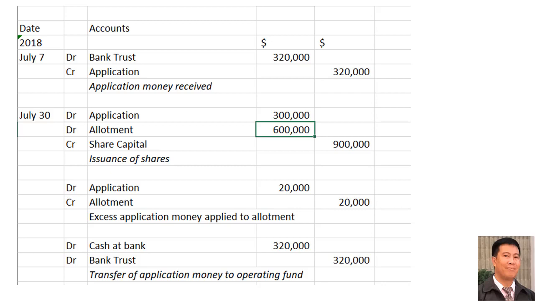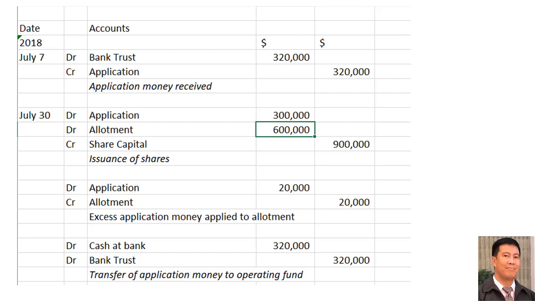Right? Now, as the problem said, any excess on application, you see the application here is $320,000, but the application that can be consumed will only be $300,000, so which means there is an excess. So in the problem it says the excess will be applied to the outstanding allotment. Take note, allotment is like a receivable.